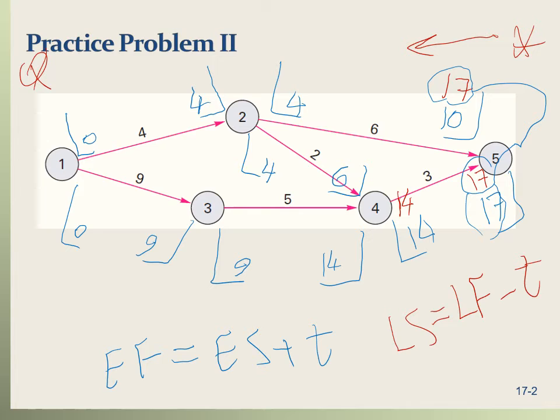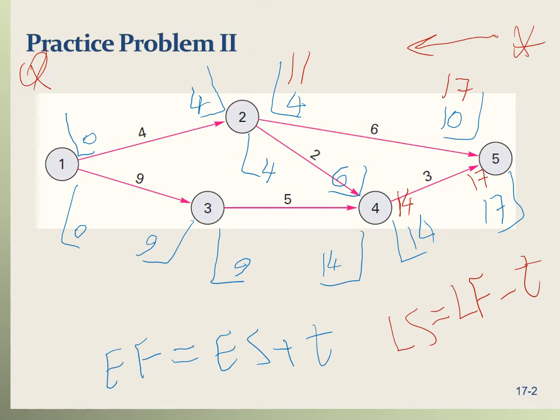So activity 2 to 5 has a late finish greater than its early finish. To compute the late start, we're going to use the formula. The late start for activity 2 to 5 is the late finish, which is 17, minus t, which is 6. 17 minus 6 is 11. So the late start for activity 2 to 5 is 11.